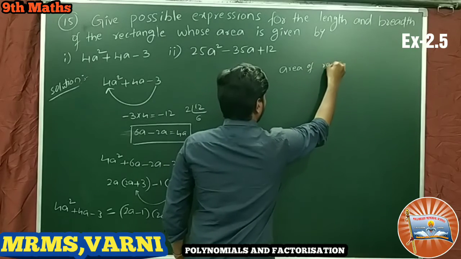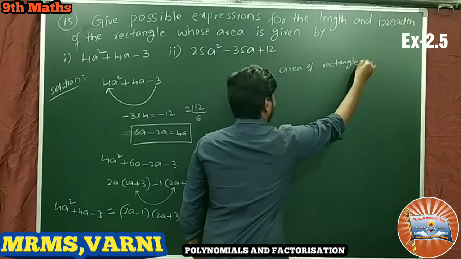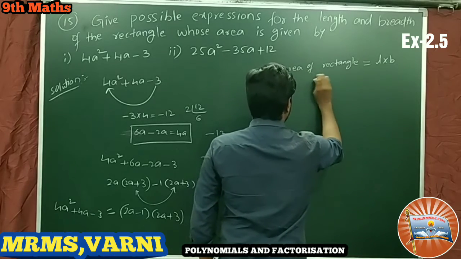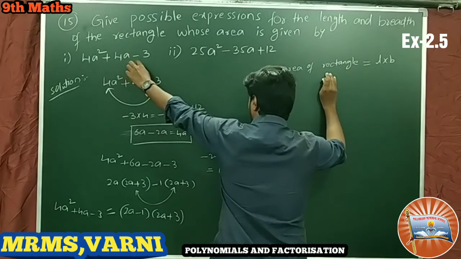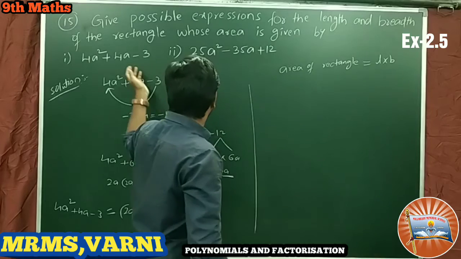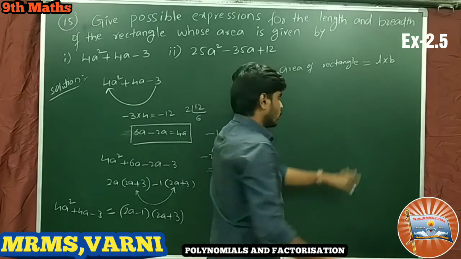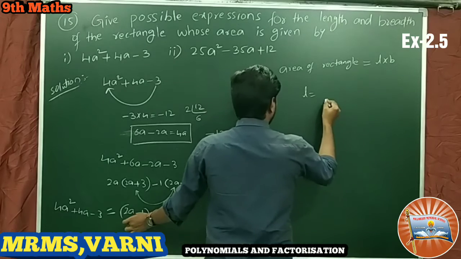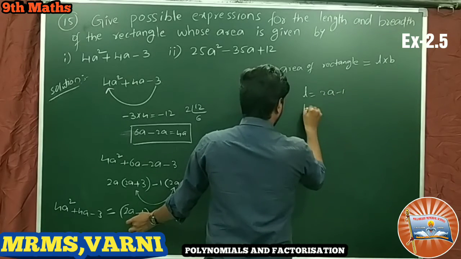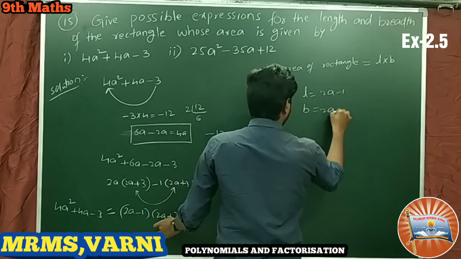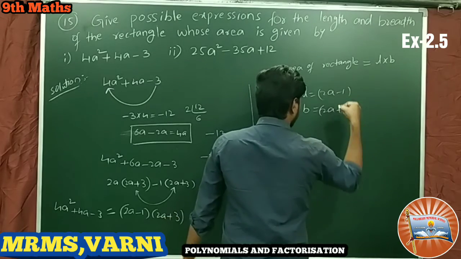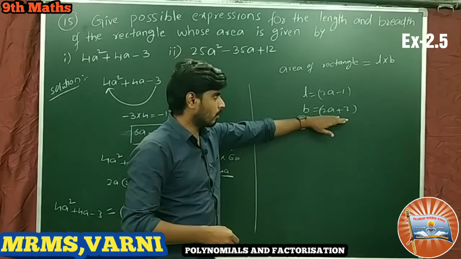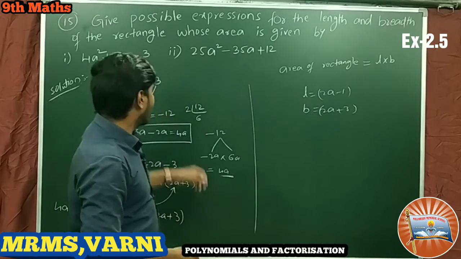Area of rectangle is equal to L into B. This area of rectangle is already given, 4a square plus 4a minus 3, and we have factorized it. So L is 2a minus 1 and B is 2a plus 3. These are the two dimensions we got here. 2a minus 1 is the length, 2a plus 3 is the breadth of the rectangle.